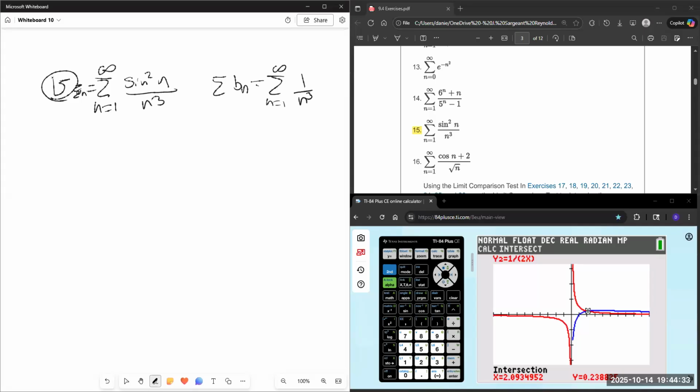And so Bn is always going to be larger than or equal to An here, because sine squared has to stay between 0 and 1. And this is a convergent p-series.